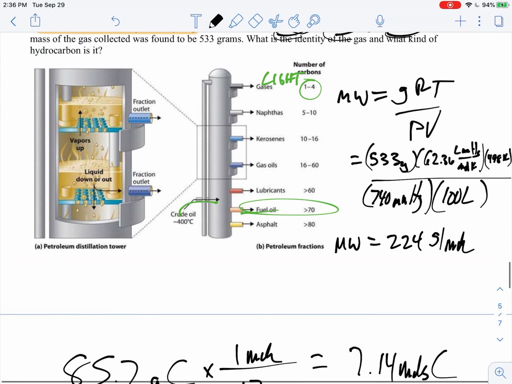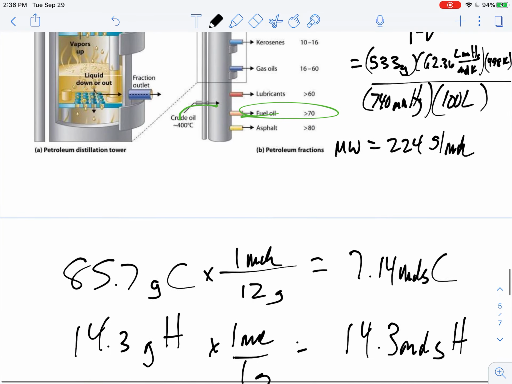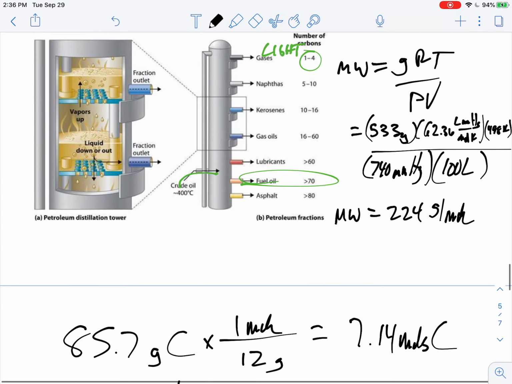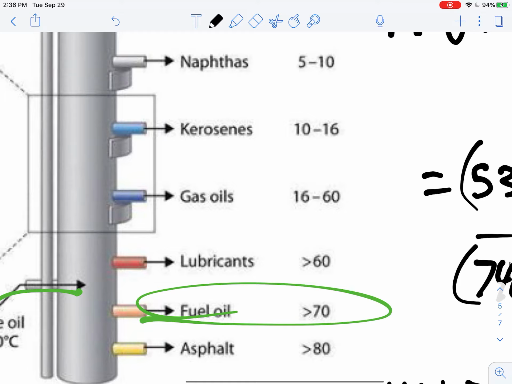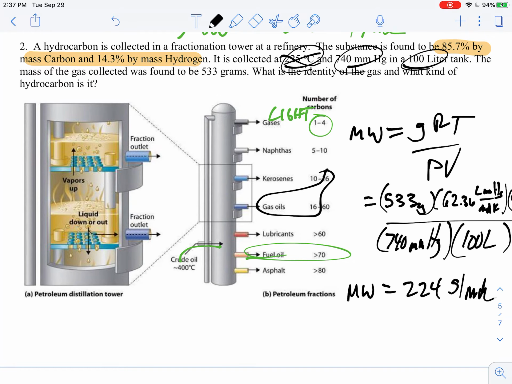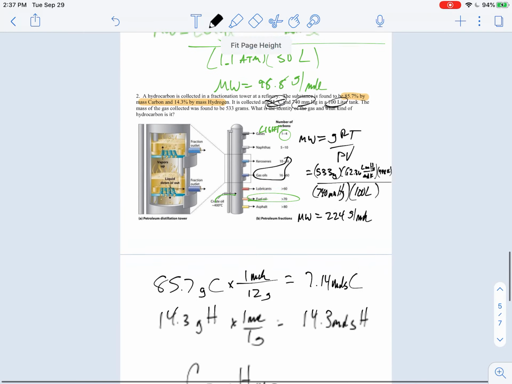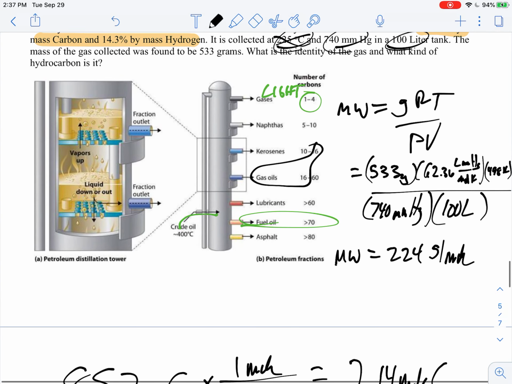So what kind of substance is this if we're talking about 16 carbons? 16 carbons would be at the end of the kerosene to the start of the gas oils. It would be somewhere in there. It would be a light gas oil or a heavy kerosene, I suppose.